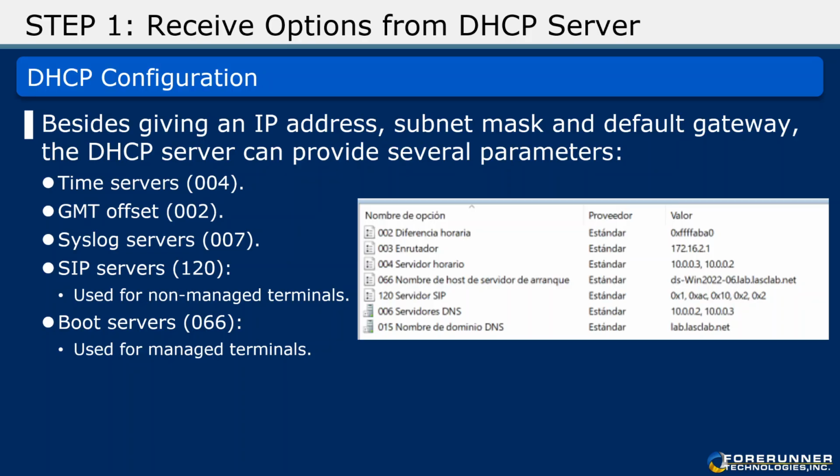And this is done through another option called GMT offset, which is option 002. The way that the GMT offset is specified is a little bit particular, especially when we deal with negative GMTs, like in the US, where we have minus 4, 5, 6.